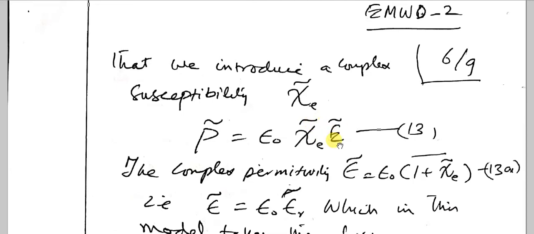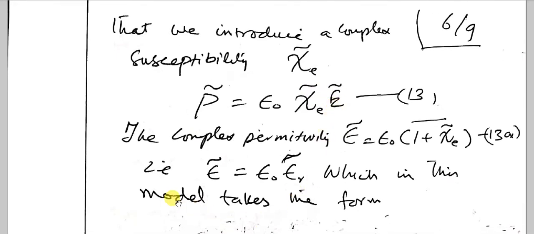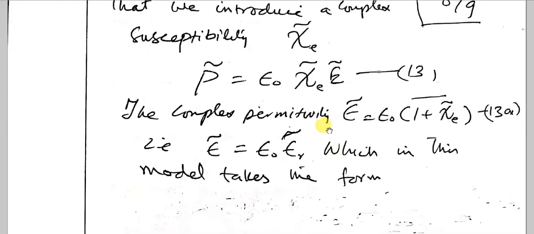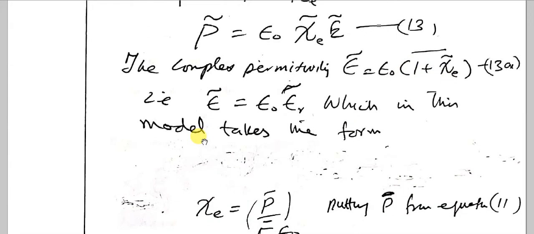The complex permittivity is also given as epsilon equal to epsilon naught times (1 plus chi E), which is epsilon naught epsilon r, the complex relative permittivity, in this model.